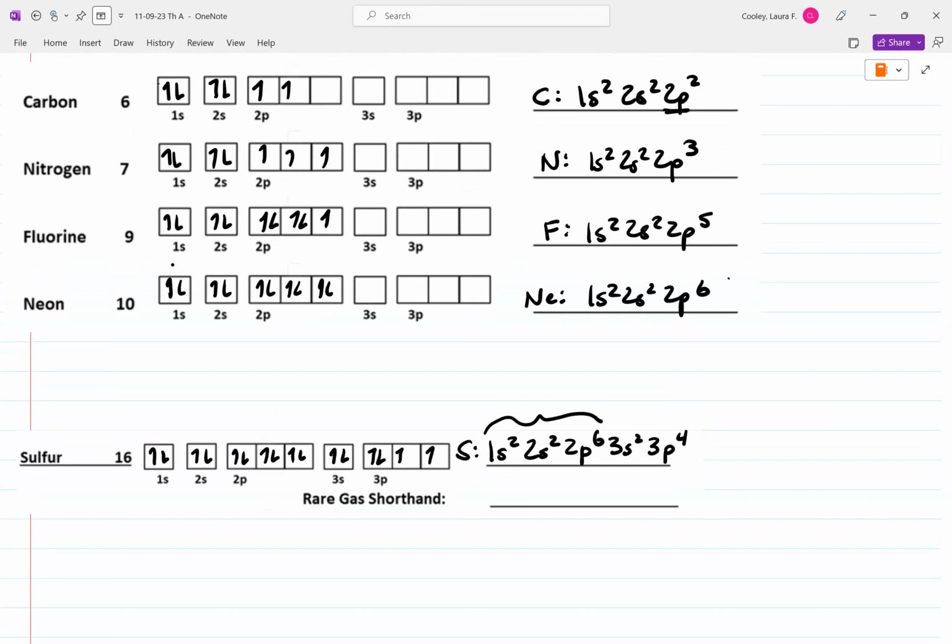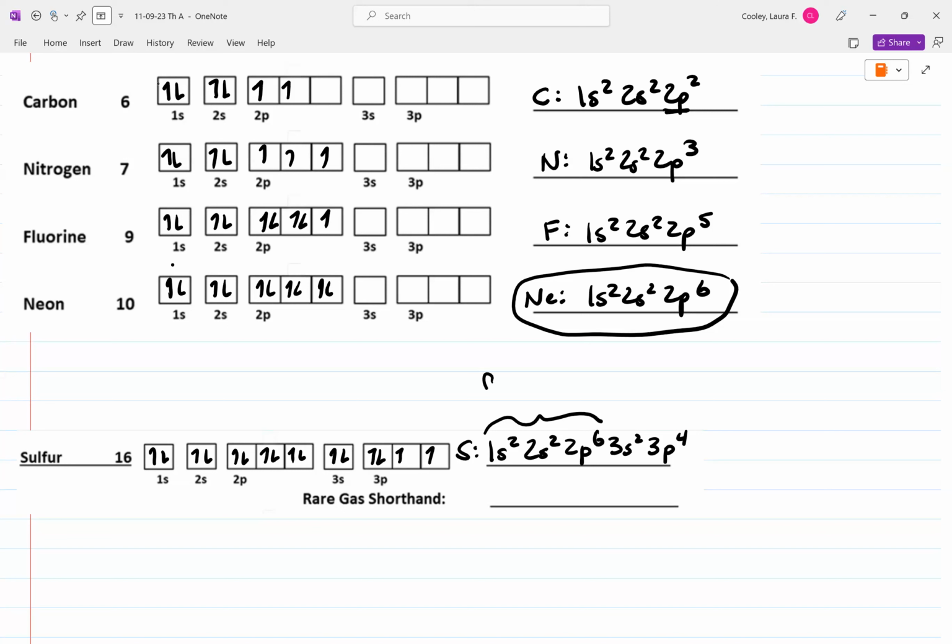Now if you look back here to neon, neon is one of the rare gases, the noble gases. It's the last column in the periodic table. So it might be good for you to have a periodic table in front of you. There is one in this handout. But anyway, the last column is the rare gases or the noble gases, and neon is one of them.